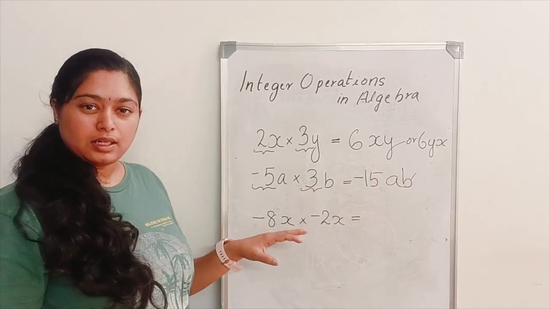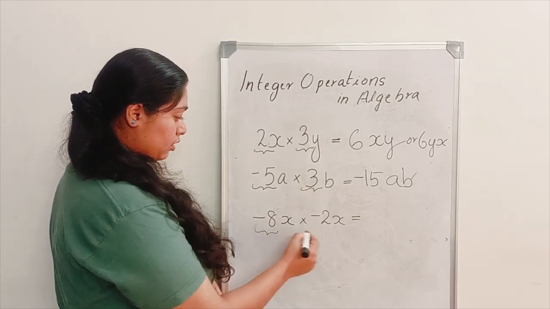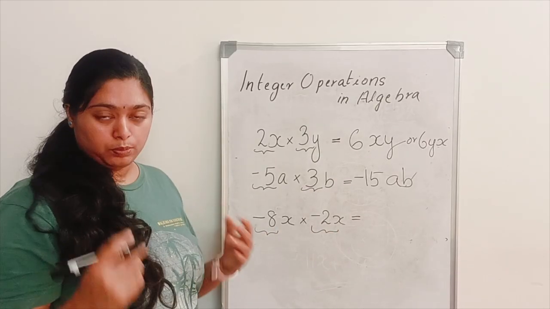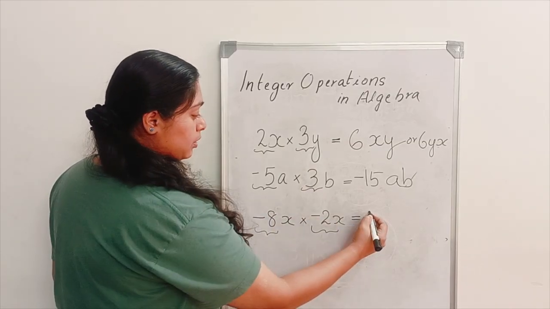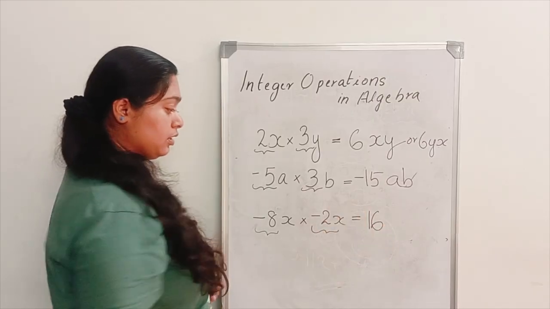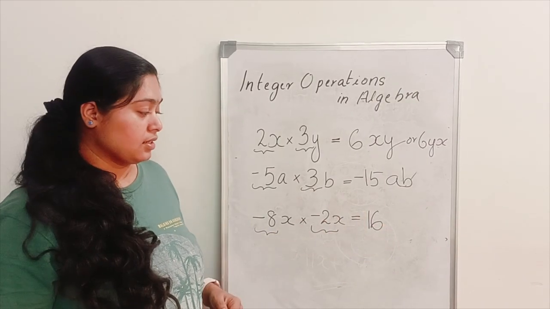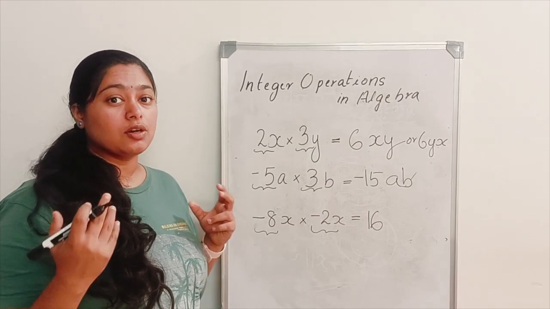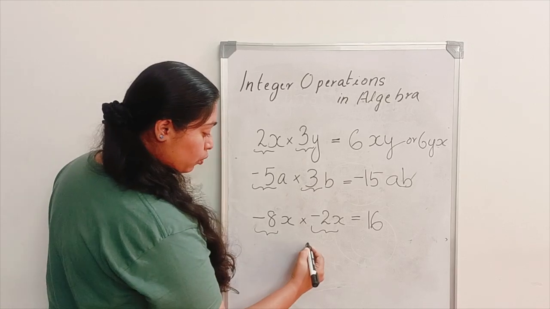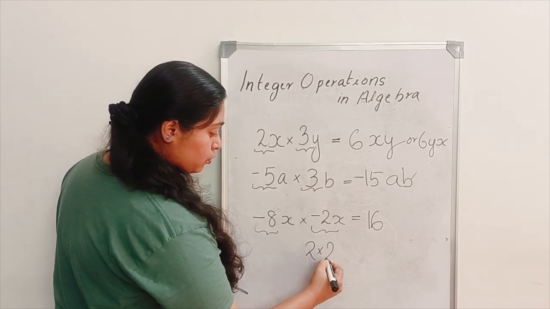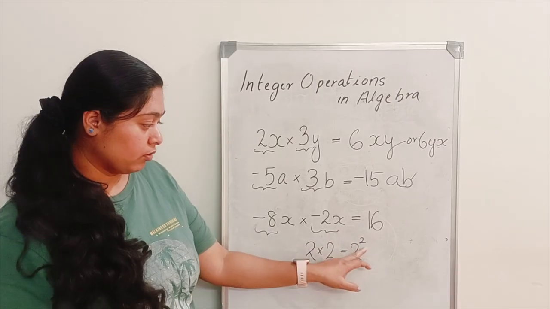Now the last one seems a little different. Let's look at the digits first. Negative 8, negative 2. Two negative numbers multiplied, you'll get a positive answer. So negative 8 multiplied by negative 2 is positive 16. Now look at the variables, they both are the same. In this case, never write xx. What we have to do is, you already know that 2 multiplied by 2 can be written as 2 square with a power 2.